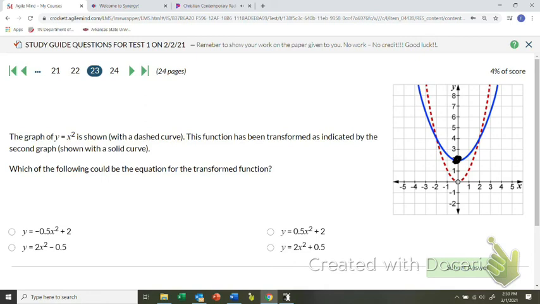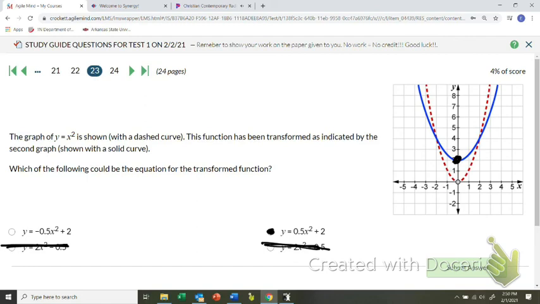What is the y-intercept on the blue line? Or the solid line? 2. So looking at your answer choices, there are 2 things that I can mark out. The ones with the 0.5 at the end. Now, the other 2 are the same, except one says it's negative and one says it's positive. It's positive because it's pointing where, Danny? Up. It's pointing up. Good job. Question?